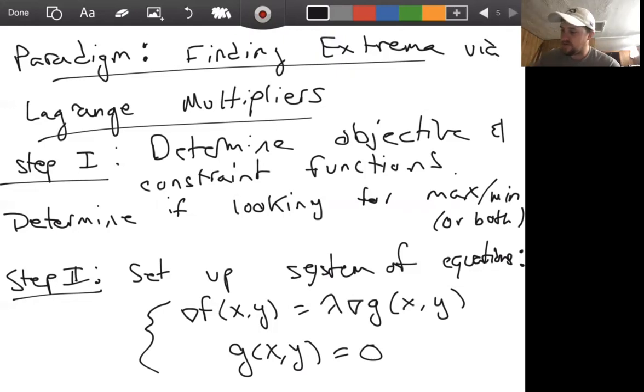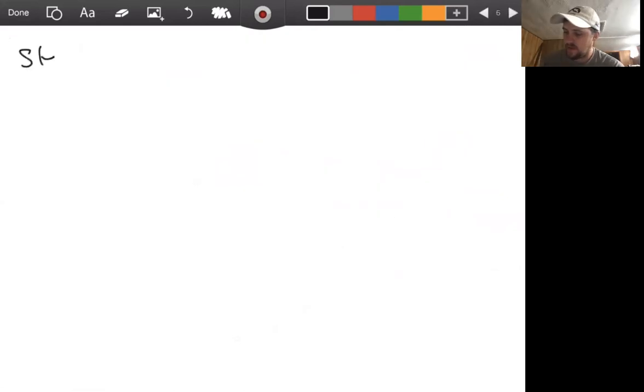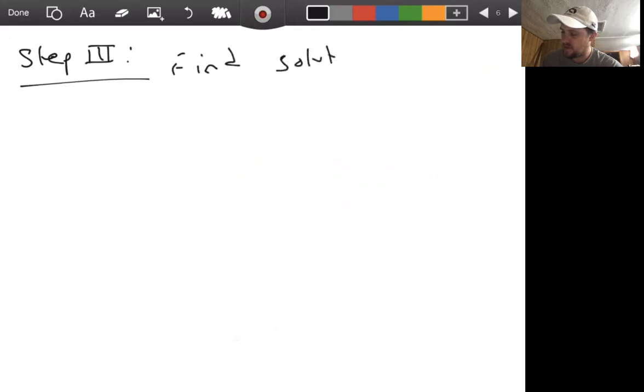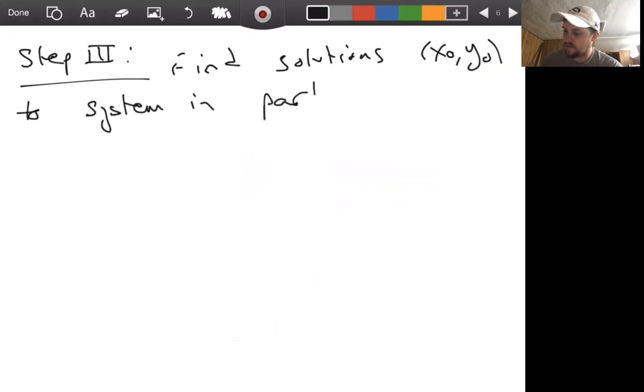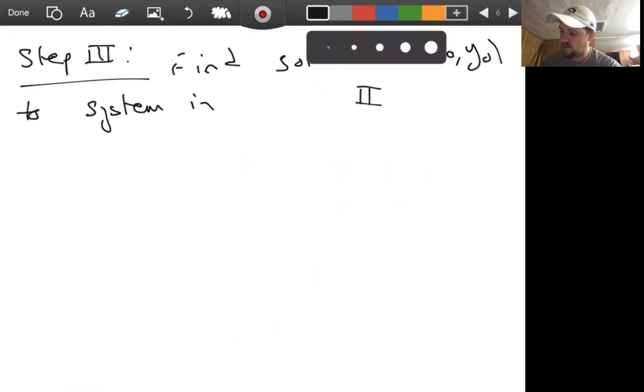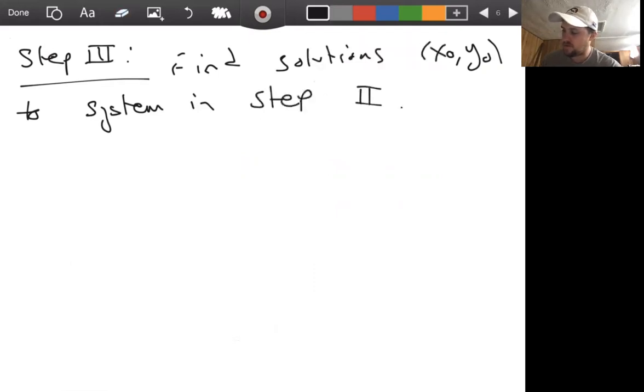And then the third step is to find solutions, x naught, y naught, to the system in step 2.